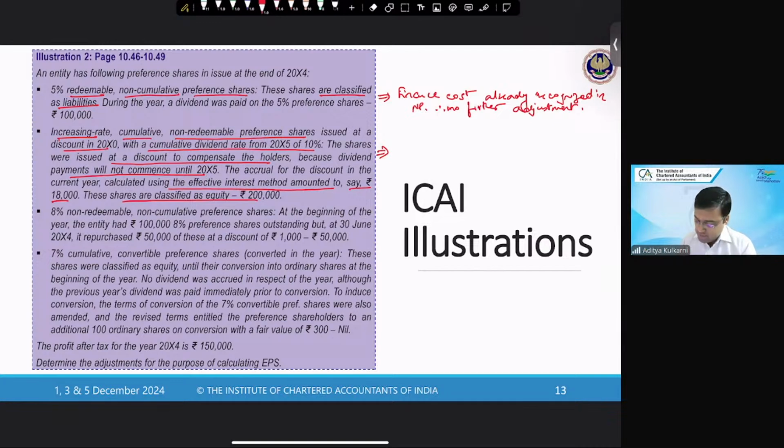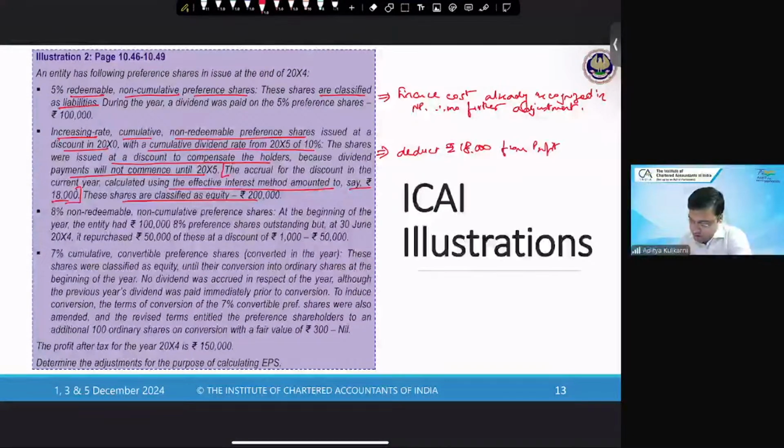Deduct from the P&L available for equity shareholders. How much will you deduct? 18,000. Yes. Deduct rupees 18,000 from profit. Others, did you follow? Nisha, Jeannie, Vignesh, Usha, Mansh. Yes, sir. All right. Deduct 18,000. Okay.